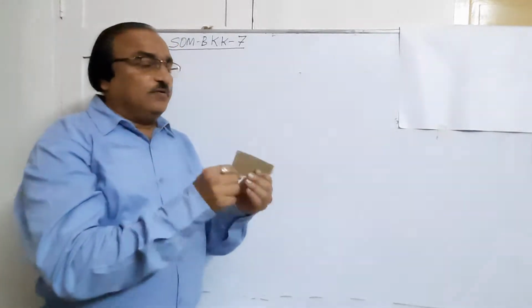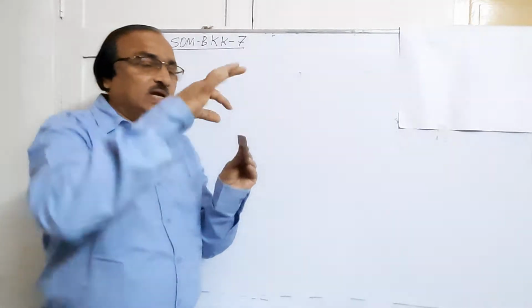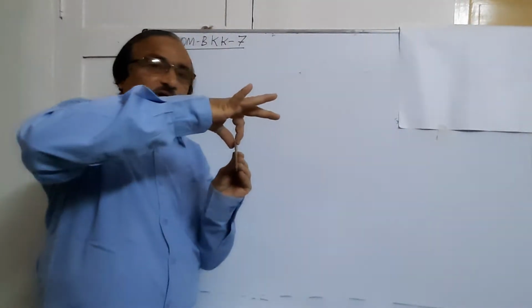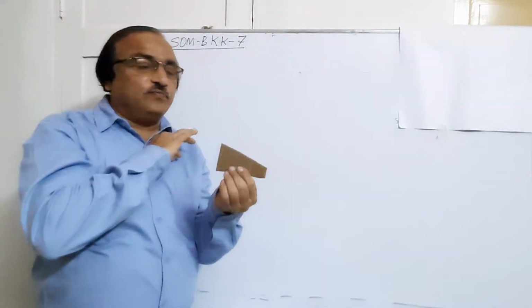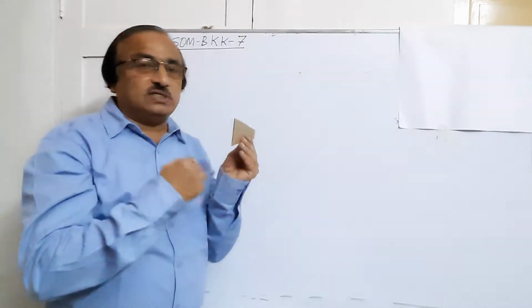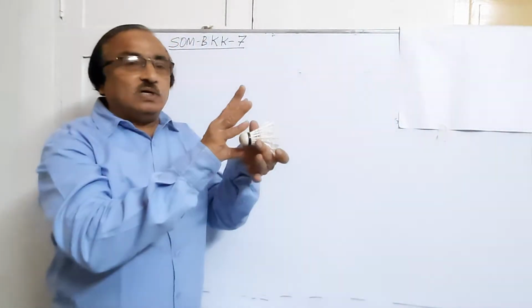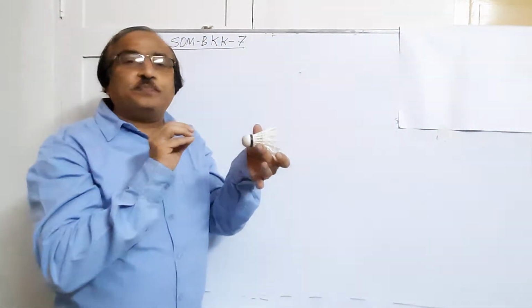See here, the cross section is rectangular. It has a uniform thickness from one end to the other end. So we call this a rectangular tapering bar because the cross section is rectangular. The other form of bar we come across is the circular tapering bar.